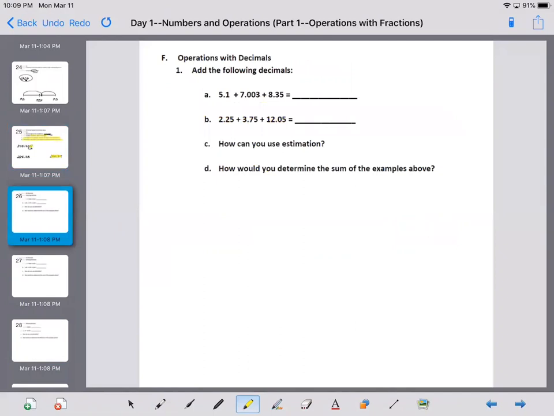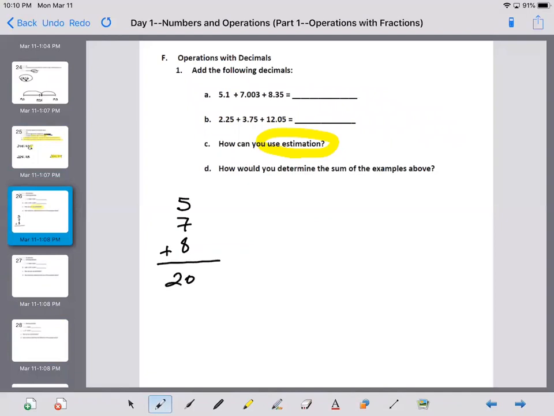So now let's look at adding decimals. It's always a good thing to think about estimating. We can ask students to estimate. So we've got 5 and 7. And if I estimate to the nearest whole number, so that would be 15 and 5.